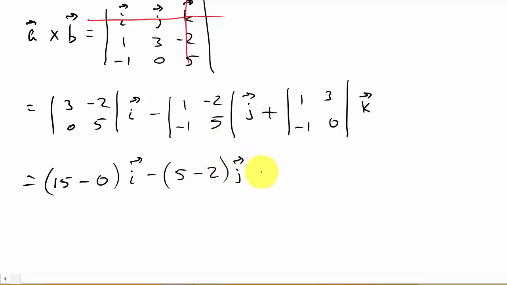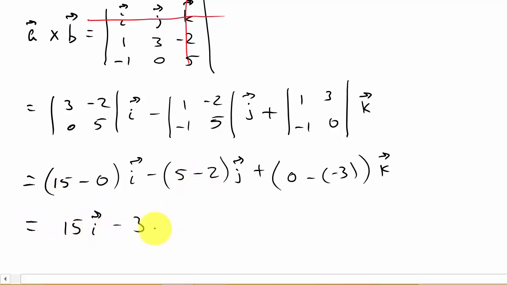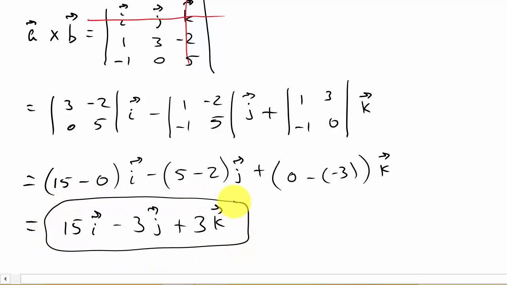All right, so that's times vector j plus, so I've got 1 times 0 is 0, minus 3 times negative 1 is negative 3, times vector k. And so this is going to give us 15I minus 3j plus 3k. So this is the cross product of A and B.